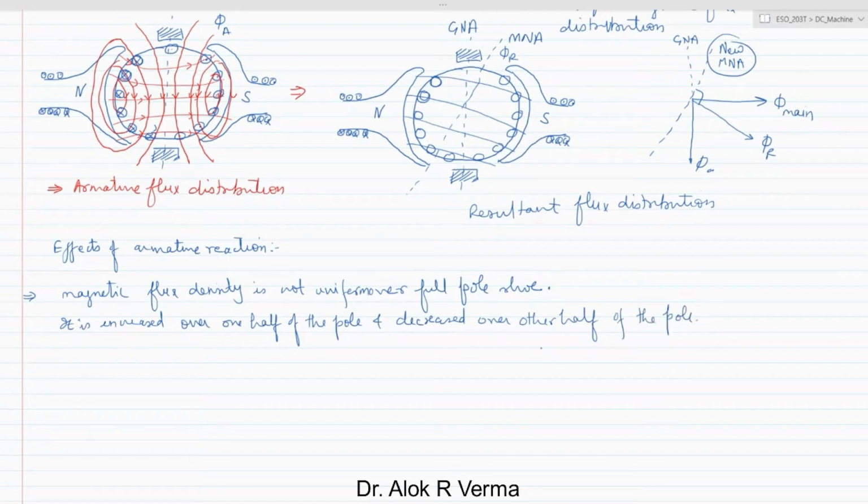But the total flux produced by each pole is slightly reduced. The total flux per pole is slightly reduced.